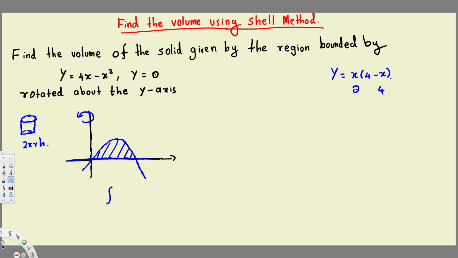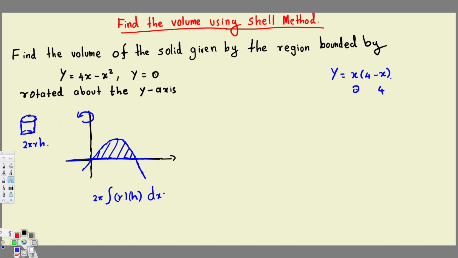Here we are going to have 2 pi times radius times the height, and since it is rotated around the y-axis, it's going to have dx. If it's rotated around the x-axis, we deal with dy. So that's the relationship.